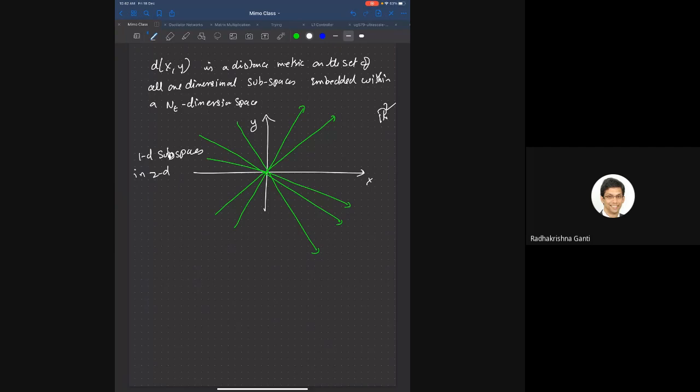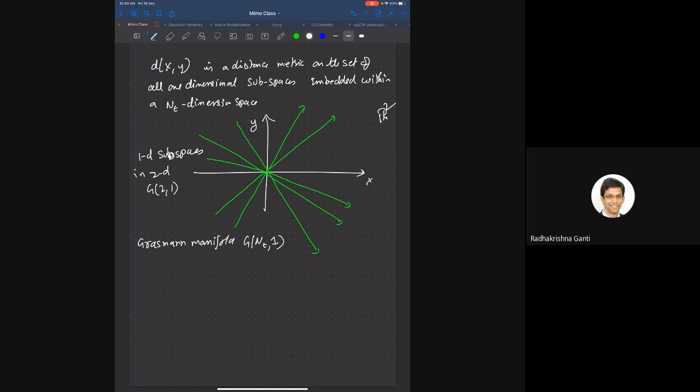Okay. So this is also called a Grassmannian manifold, or Grassmann manifold, and is denoted by G of nt comma 1. In this case, this is an example of G of 2 comma 1.